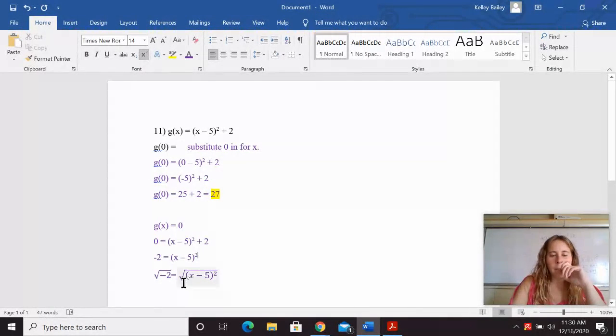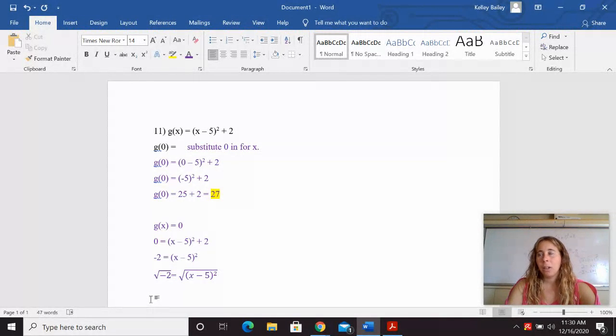Okay, so on this side, your radical and your 2 cancel each other out. But look over here. You have the square root of negative 2. Remember, I think we've talked about this. You cannot currently take the square root of a negative number. It doesn't work unless you're dealing with imaginary numbers, which we're not, all right? We haven't gotten there. So we cannot take the square root of a negative number.